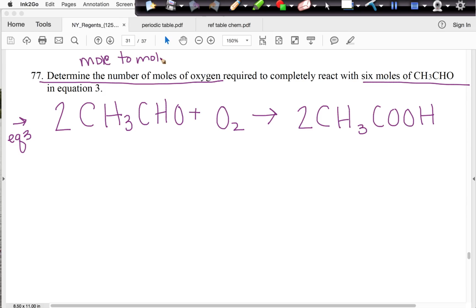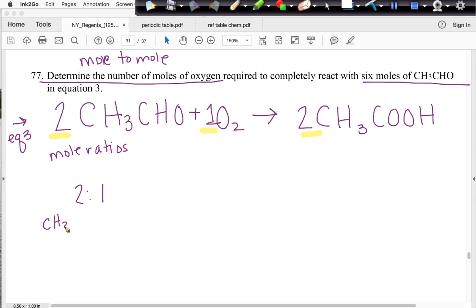to mole problem. And the way that different substances react with each other is based on these coefficients. These coefficients are mole ratios. So CH3CHO reacts in a 2-to-1 ratio with oxygen.